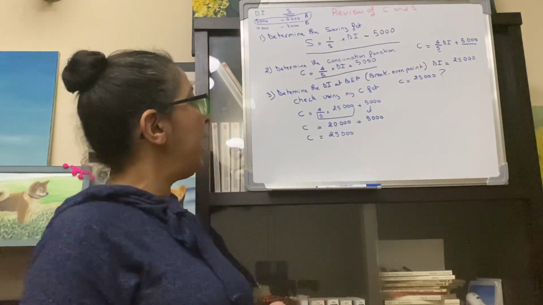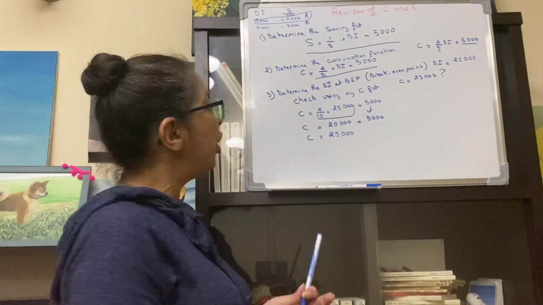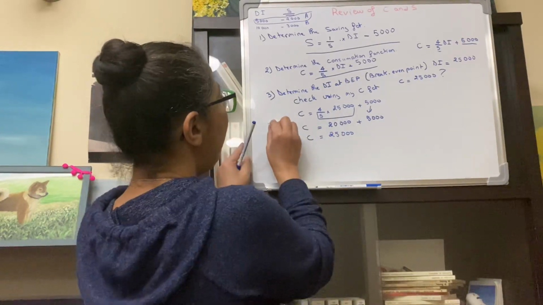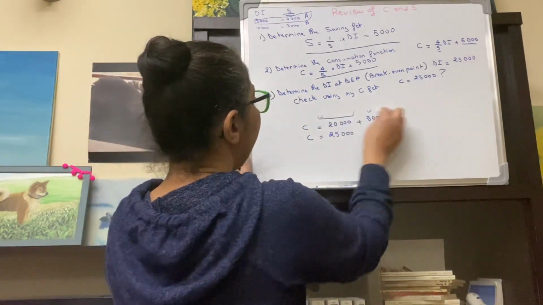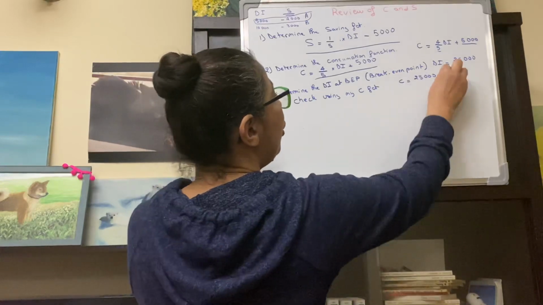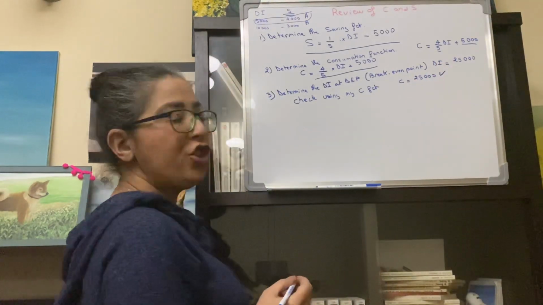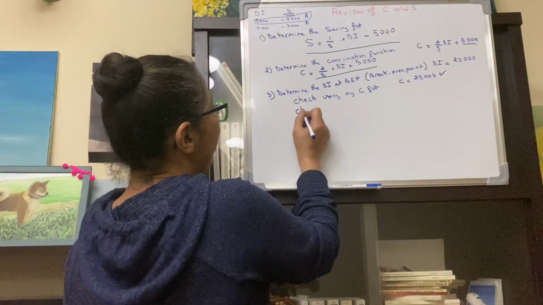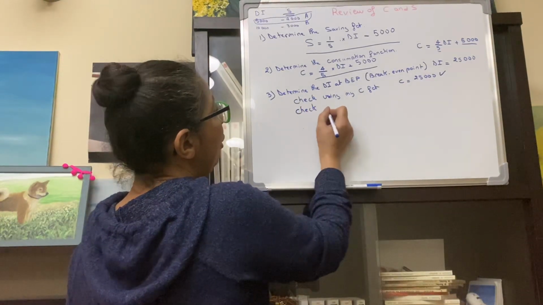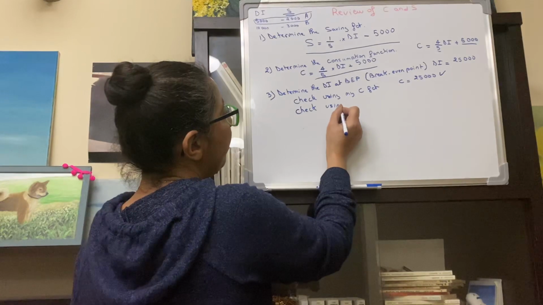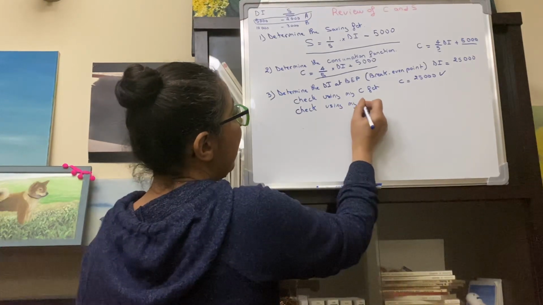Now I'm going to try using the saving function. So I know that my saving should be equal to 0. So with the consumption it is checked. Check using my S function.